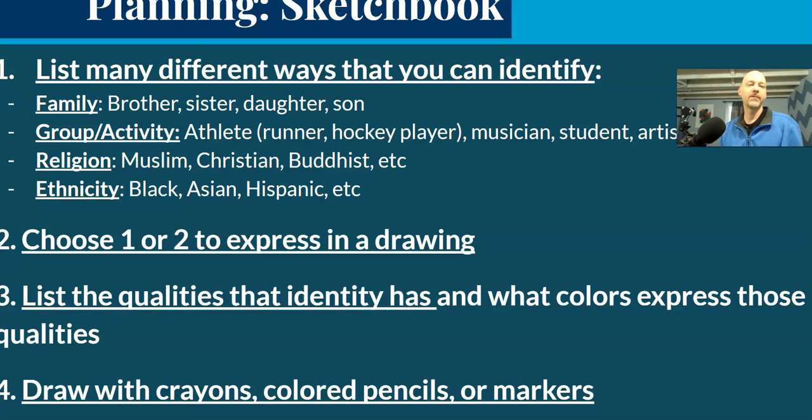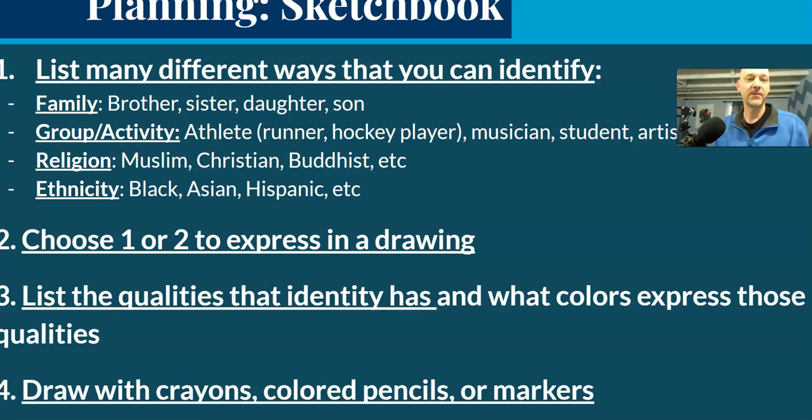So make a list of what's important to you. Maybe you're an athlete, a musician. Maybe your religion's important. Your ethnicity might be important. Your family. And then take one of those, or maybe a couple of them, and list the qualities that you need. So, for instance, if I'm an older brother or sister, I might have to be very patient.